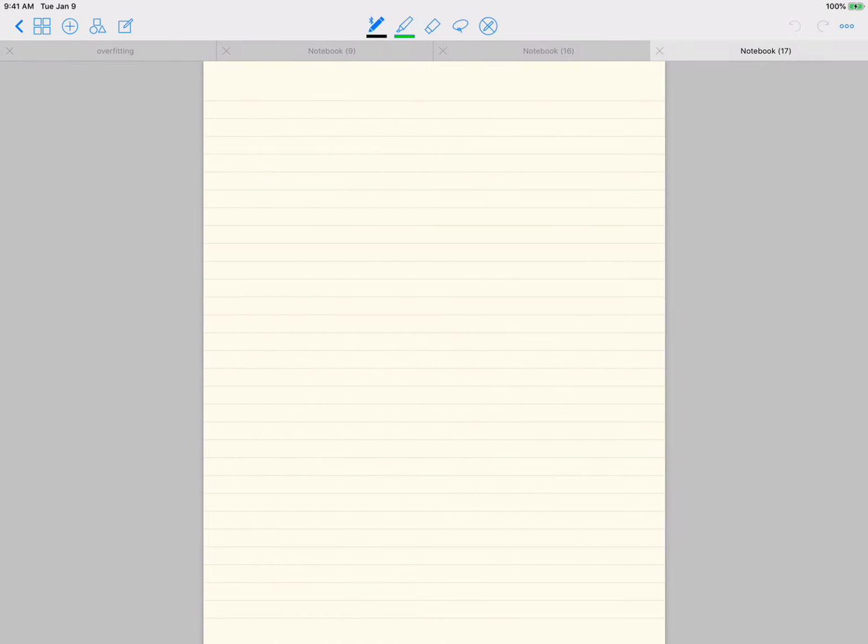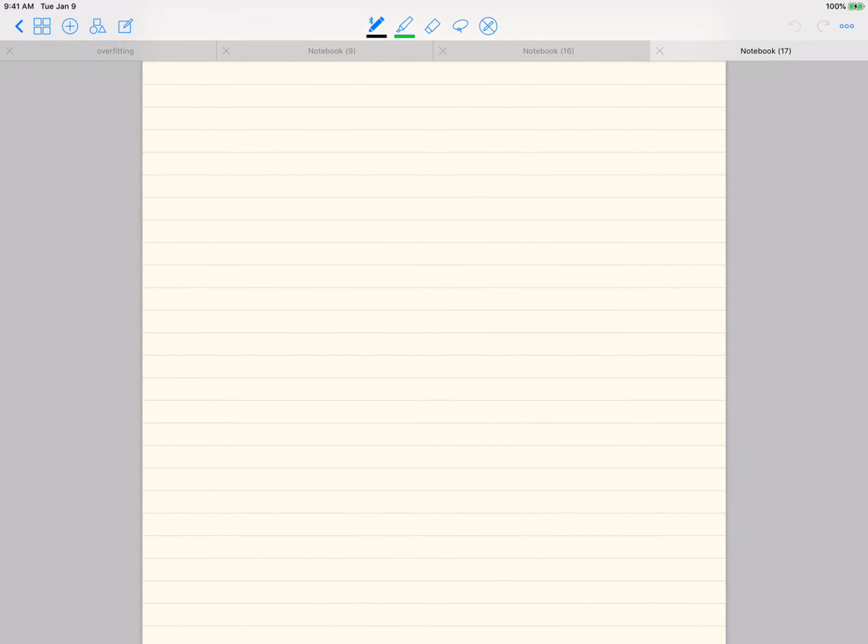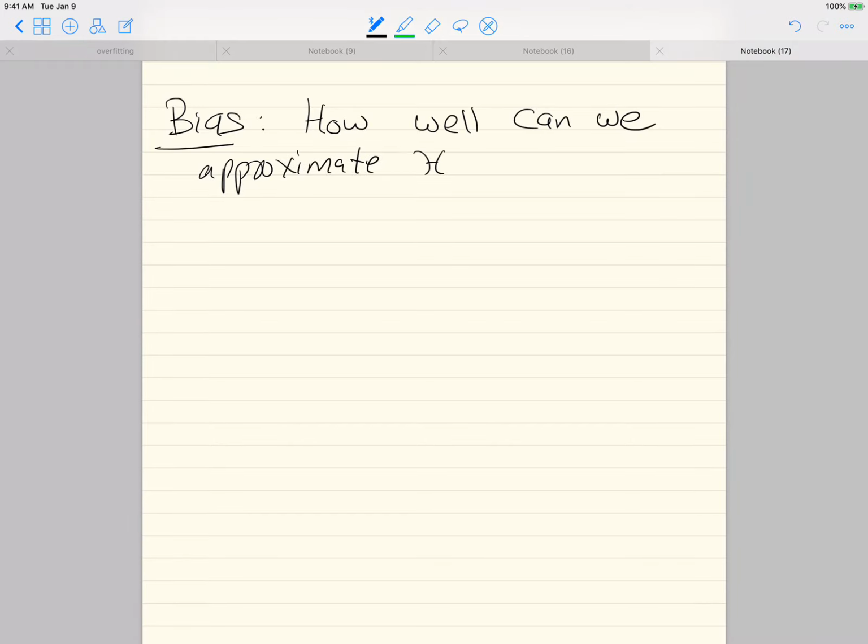To understand this, we have defined two quantities. One is bias: how well can we approximate y equals f of x using hypothesis class H. This is what bias captures.